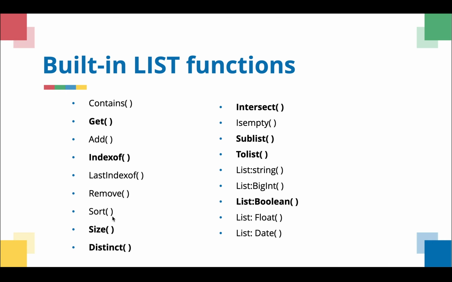Then we have toList, which converts a string to a list if it's separated using a default separator like comma. And then we have list colon string, list colon begin, which narrows down the list and only lets it accept values of that particular data type.